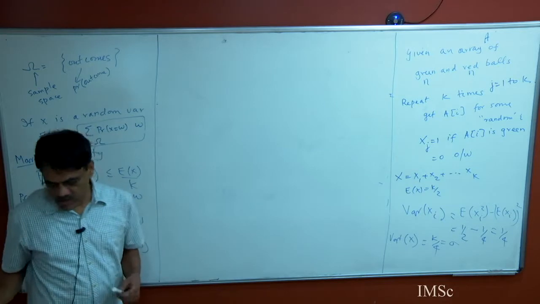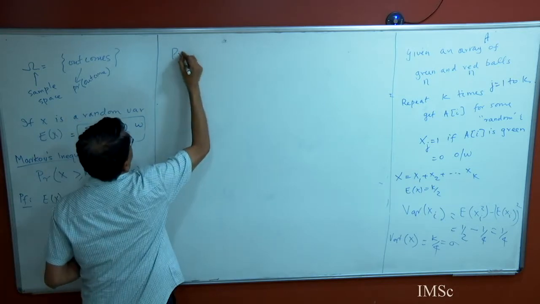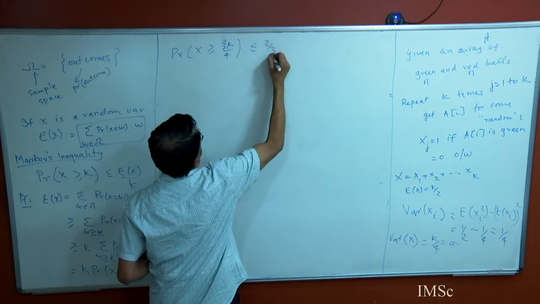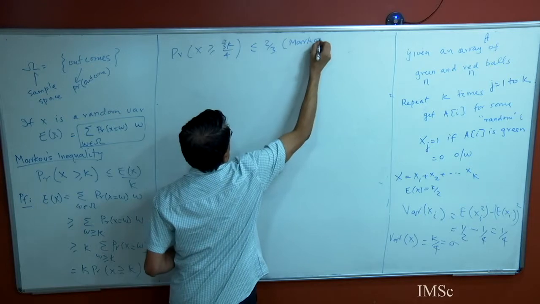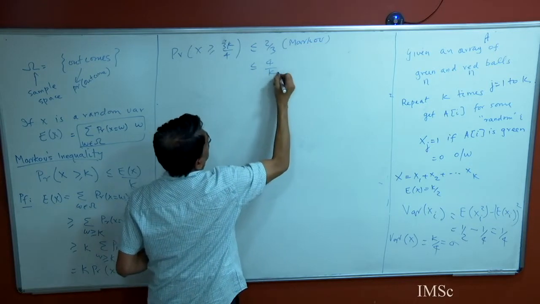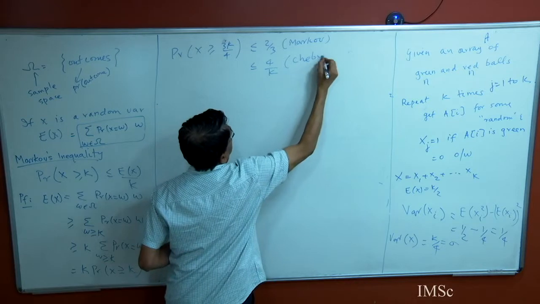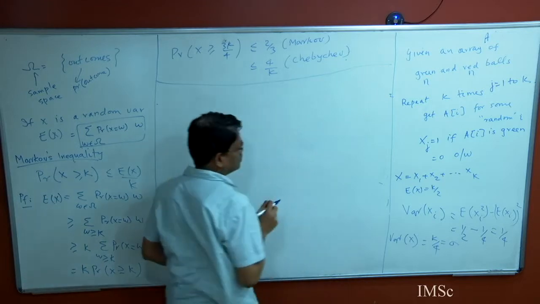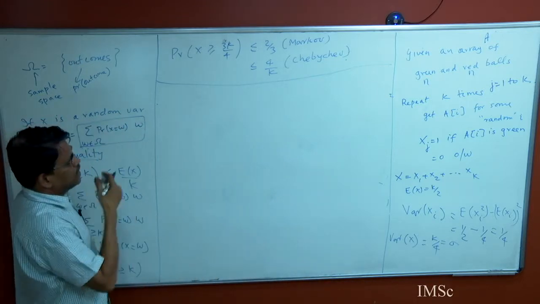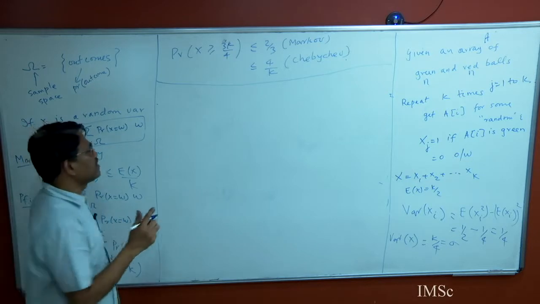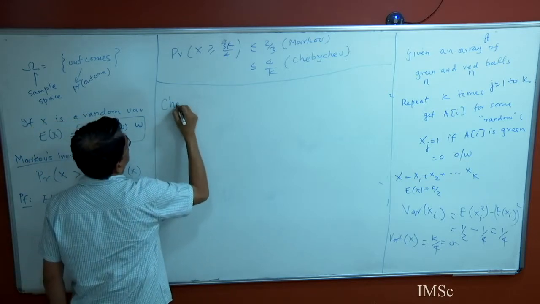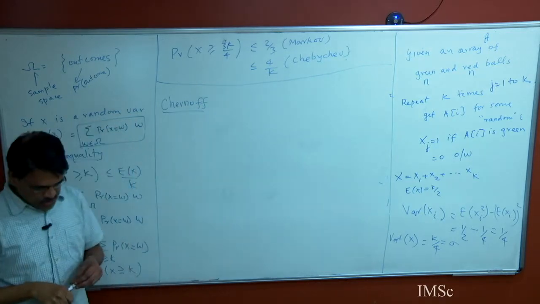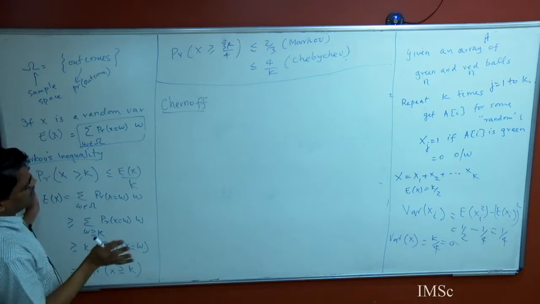So let's capture what we have shown so far for this experiment. Probability x is greater than or equal to 3k by 4 is at most 2/3 by Markov, and it's at most 4 by k using Chebyshev. And it required computing this variance, right? So this is an inequality due to Chernoff, which is more powerful, but it doesn't work for any random variable.